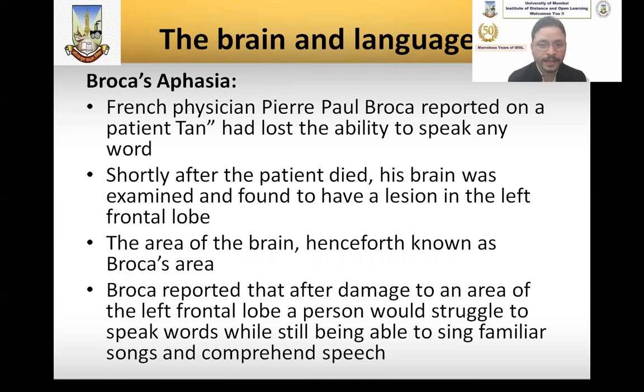The area of the brain henceforth known as Broca's area, because he found that due to a lesion in the left frontal lobe, the patient could not speak a single word. Because Broca reported this, the area is called Broca's area. If there is damage in that area and people cannot produce words or cannot speak, we call it Broca's aphasia.